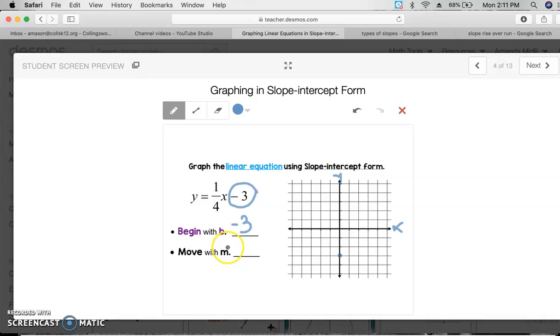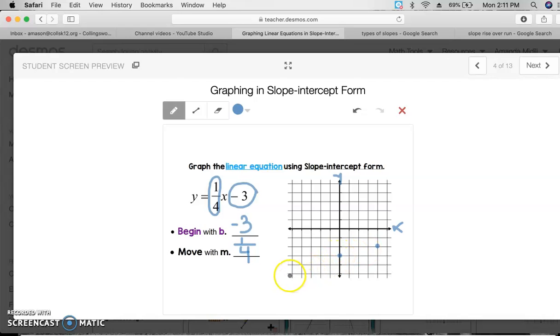My slope, my m, is the number in front of the x, which is 1/4. This means I'm going to rise 1 and run 4 from my y-intercept. So I'm going to go up 1 over 4. 1, 2, 3, 4, and put a dot.